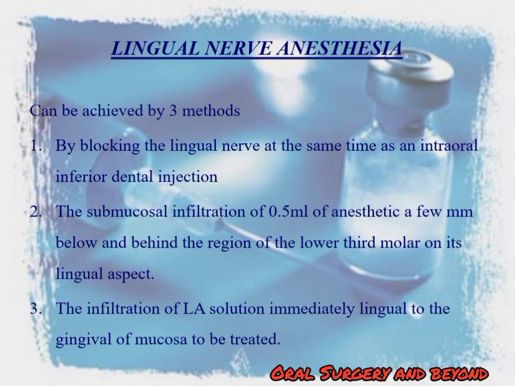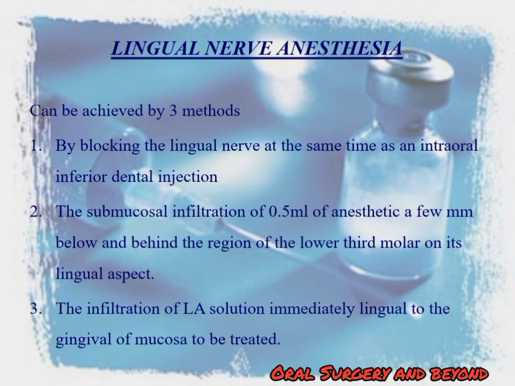As we know, in the classical inferior alveolar nerve block technique, after depositing the 2 ml of local anesthetic lignocaine solution, when we hit the mandibular ramus and deposit the solution, and then take the needle out, indirectly we are anesthetizing the lingual nerve also.